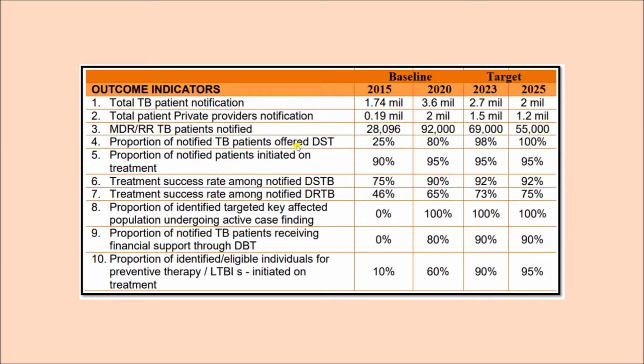Proportion of the notified TB patients offered drug sensitivity test, proportion of the notified patients initiated on treatment, treatment success rate among notified drug sensitive tuberculosis and also drug resistance tuberculosis, proportion of identified targeted key affected population undergoing active case finding. So 100%, that means all the targeted key population should be approached for active case finding. Proportion of notified TB patients receiving financial support through DBT, and proportion of identified eligible individuals for preventive therapy initiated on treatment. So all these are outcome indicators.